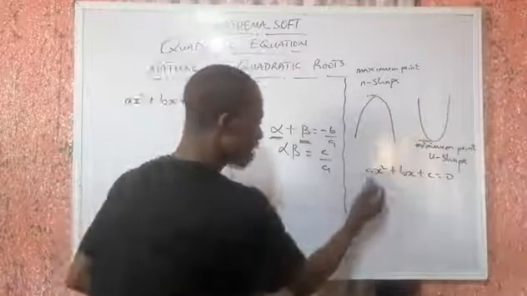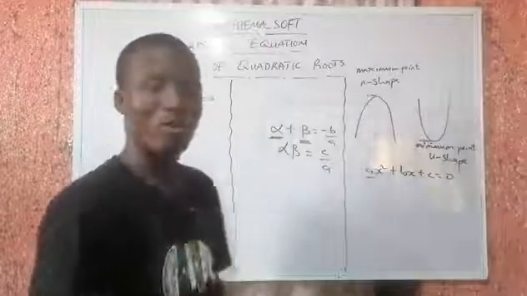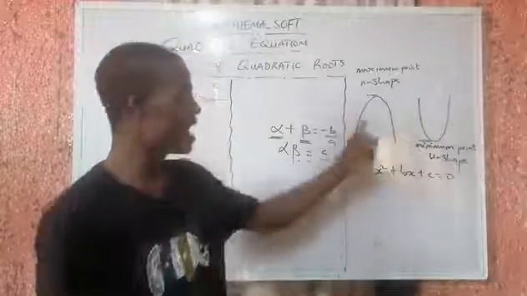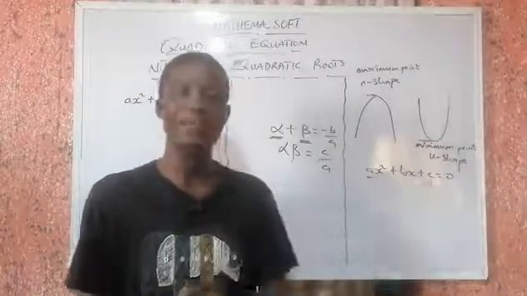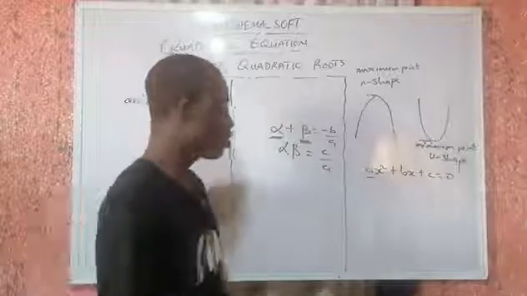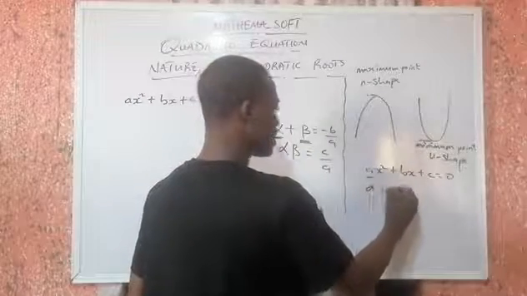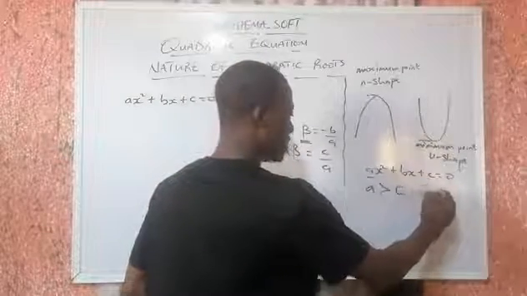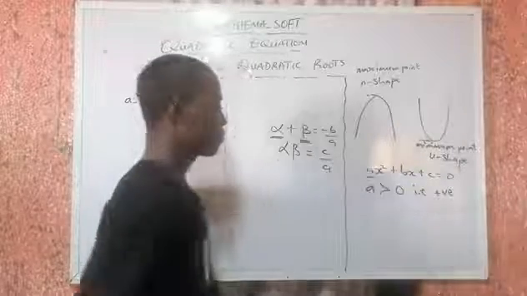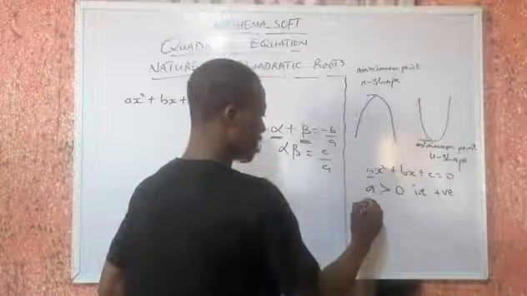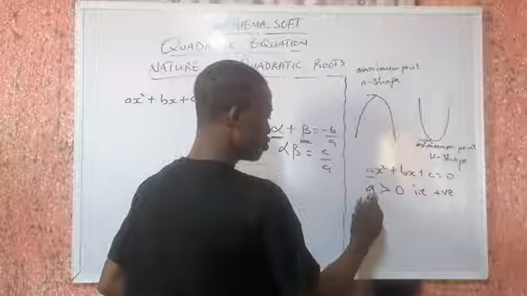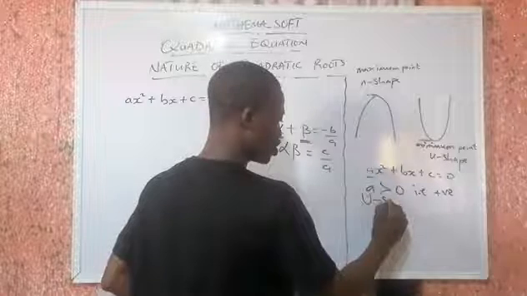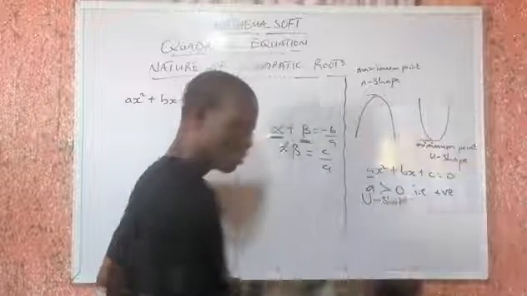Now, comparing this with the general form of a quadratic equation, the nature of our A in this general form is what will tell us if a quadratic equation will be N-shaped or U-shaped. And it's very important for us to actually note this. When A is greater than 0, that is, when the value of A is what? Positive. Then we are going to have a U-shaped quadratic graph.